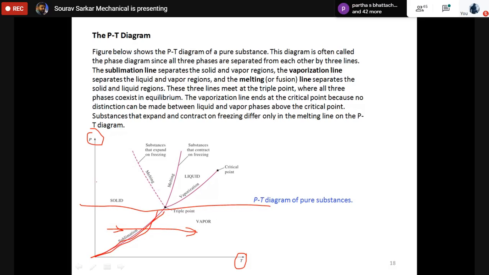After a certain pressure, please ignore the dotted line at this point. After a certain pressure, there will be a solid phase. This zone is solid, this zone is liquid, and this zone is vapor.